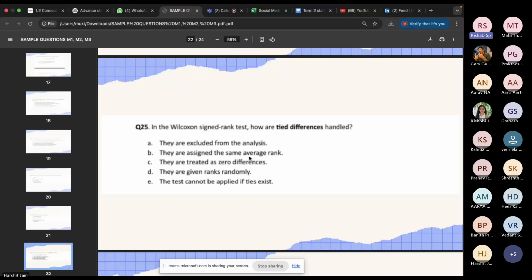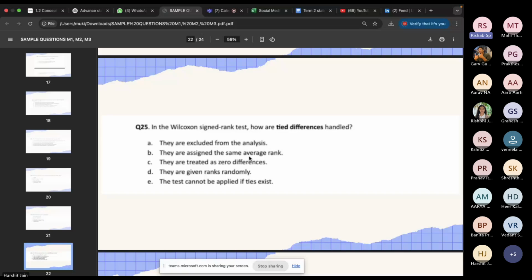In the Wilcoxon signed rank test, how are tied differences handled? Yeah, we did only one question for Wilcoxon. What we did, we got a difference of 0. Correct.